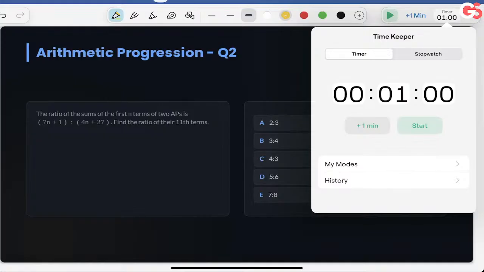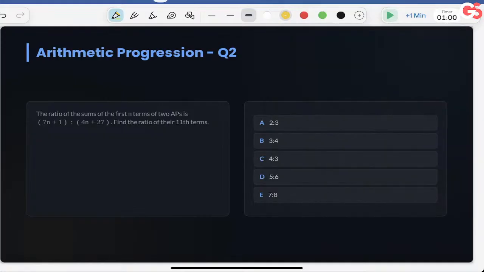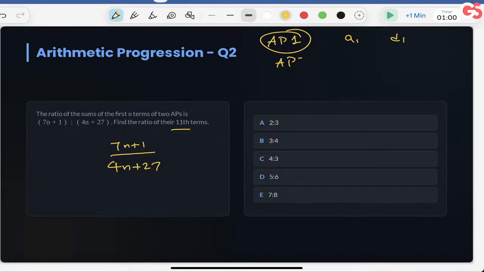Okay, so it says the ratio of the sum of the first n terms of two different APs is (7n plus 1) upon (4n plus 27). We need to find the ratio of their 11th terms. Let's say in AP1 the first term is A1 and common difference is D1, and in AP2 the first term is A2 and common difference is D2, because we don't know whether the first terms are equal or not.